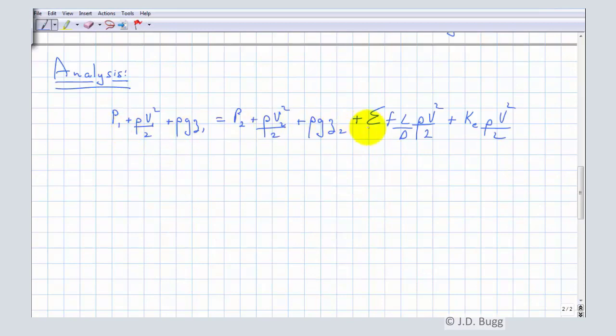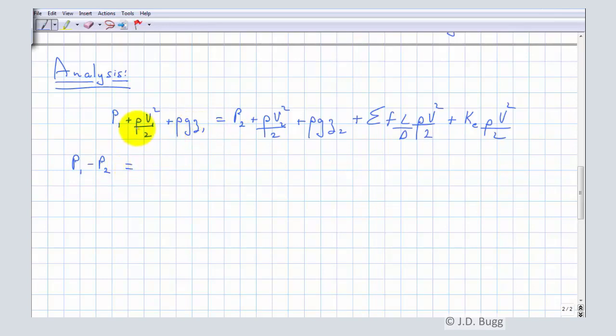So we're going to do some rearranging of the terms in Bernoulli's equation here to help us solve it. So I want to bring these pressures both to the same side. So I'm going to go P1 minus P2, and we're going to show how to get P1 minus P2 in a few moments. We're going to be using the manometer to figure out what that is. And I'm going to put everything else over on the other side.